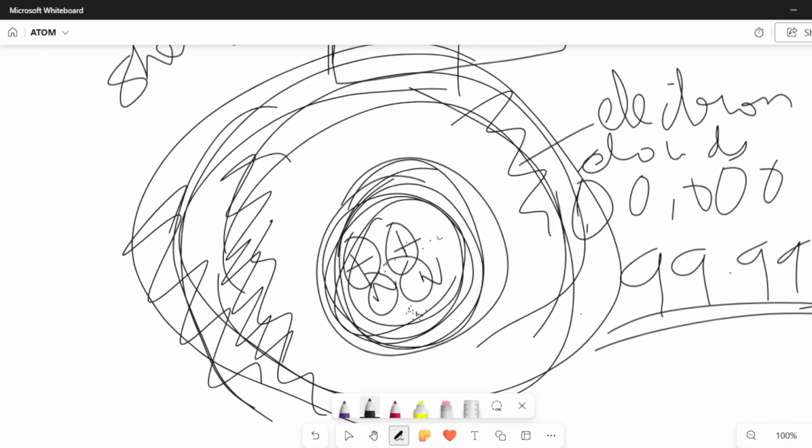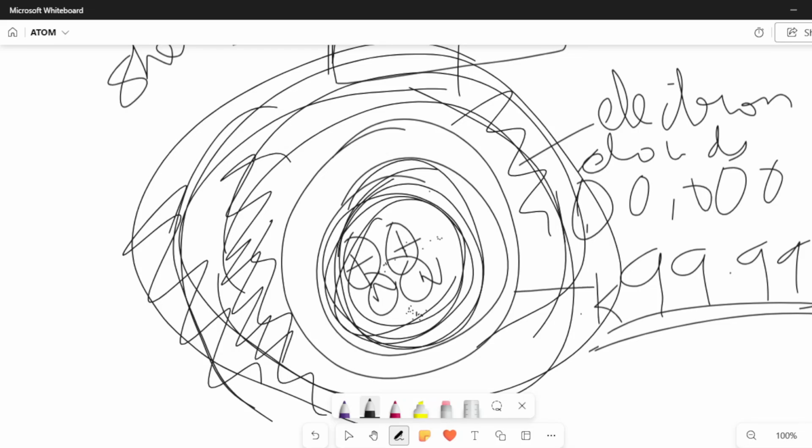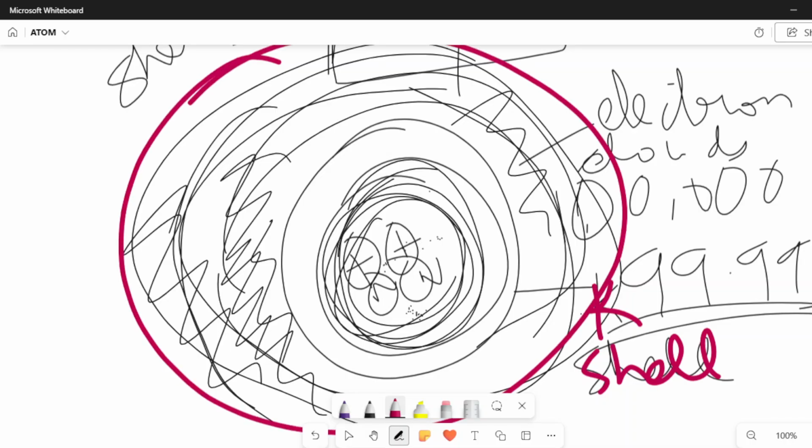So here, the area which is closest to the nucleus, that is the K shell, will have the lowest energy, and the shells going further away from the nucleus will have the highest energy, because they require a lot of energy to be attracted to the nucleus without going away from the atom.